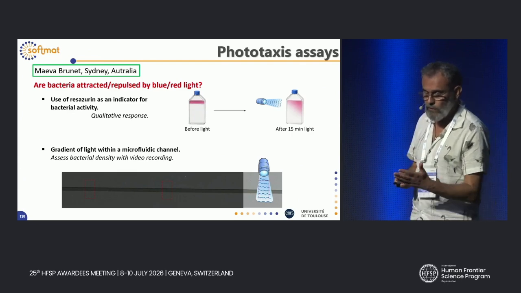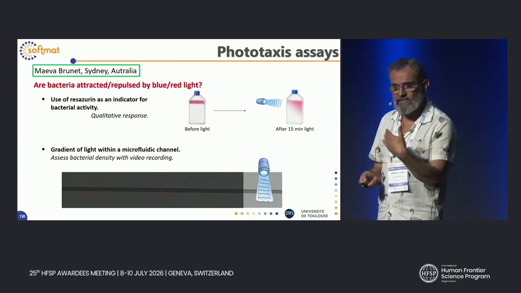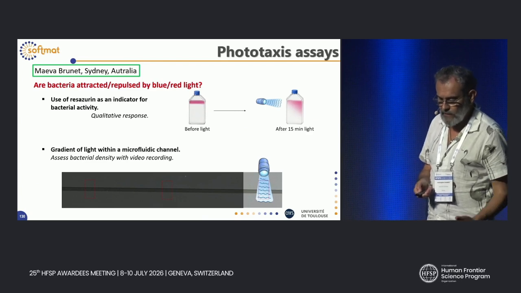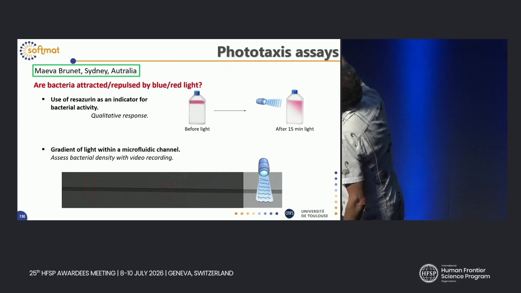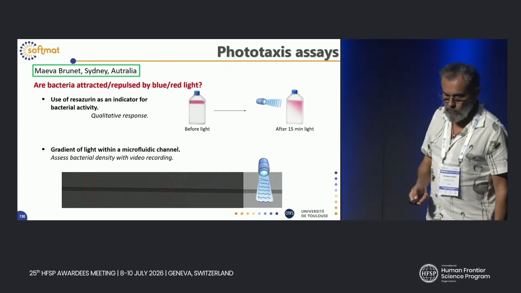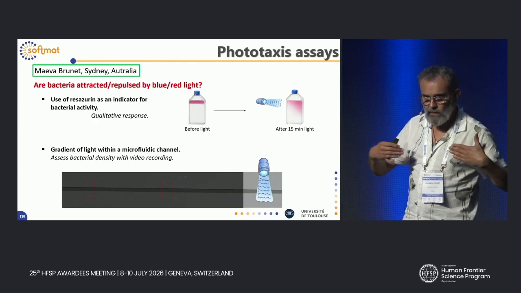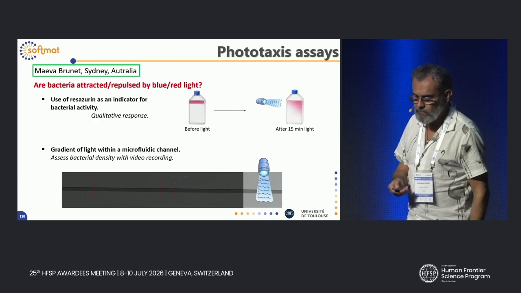And you see that if you apply the blue light, the bacteria tend to move away from the blue light and stay where they can reduce the amount of light received. The next step will be now to see, so it's not very clear, you have a red square. This is a region of interest that will be screened in a channel. We'll try to see if the bacteria are moving back and forth in the channel.